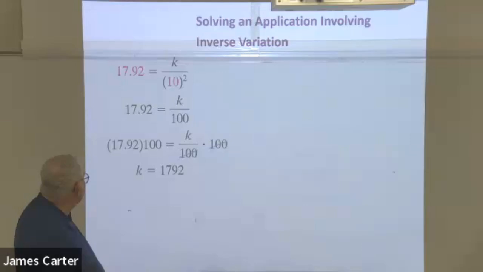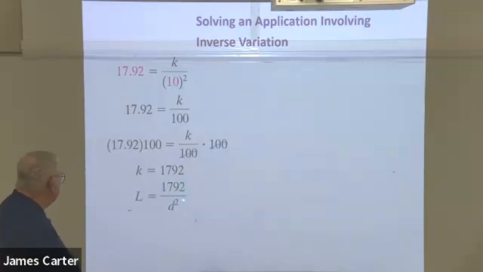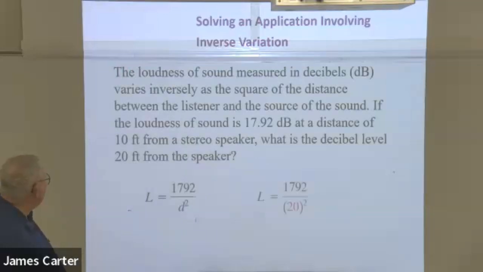Now, what is that? That's my constant. Well, that isn't the decibels, that's the constant. So anyway, here is the constant over the distance squared. So now we can put in our different value than 10. What if you were 20 instead of 10? Okay.